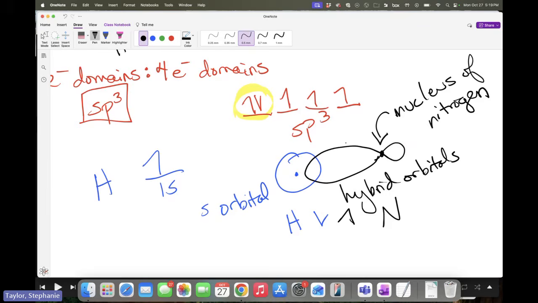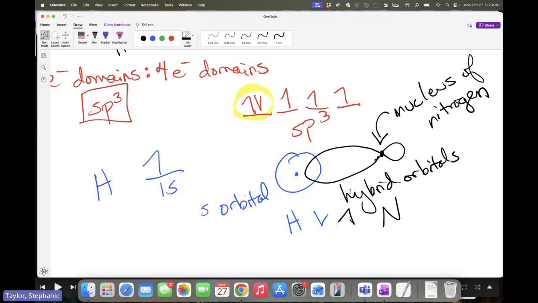So you see a larger lobe towards the hydrogen than not towards the hydrogen. That is why we talk about the shape of the hybrid orbital, to emphasize the fact that that electron should be in the bond. Part of the reason for hybrid orbitals is to emphasize how bonding works in covalent molecules.